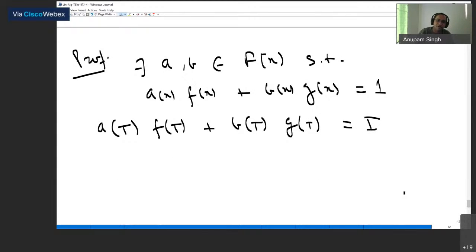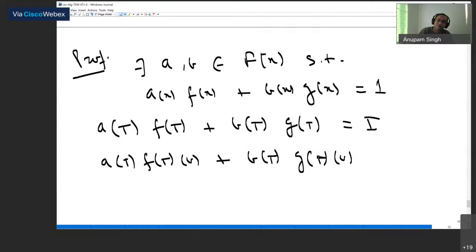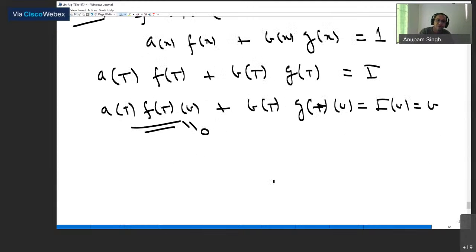Now I evaluate it on the vector v. The right side is the identity of v, which equals v. The first component becomes 0 because this is what I am given. Now let's compute the inner product of v and w.